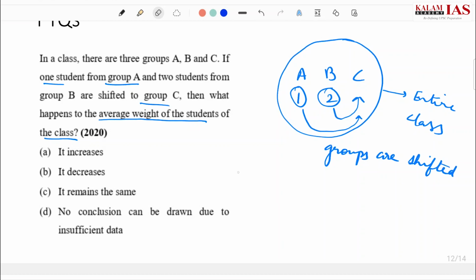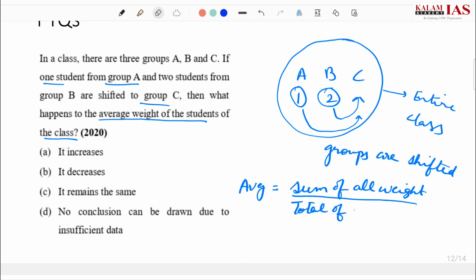And as per the definition of average, it is the sum of all weights divided by the total number of students.